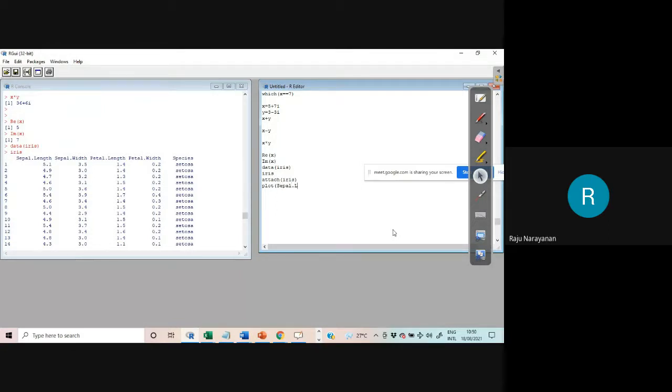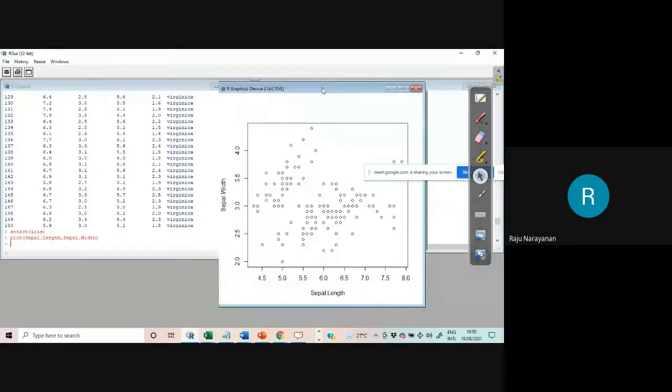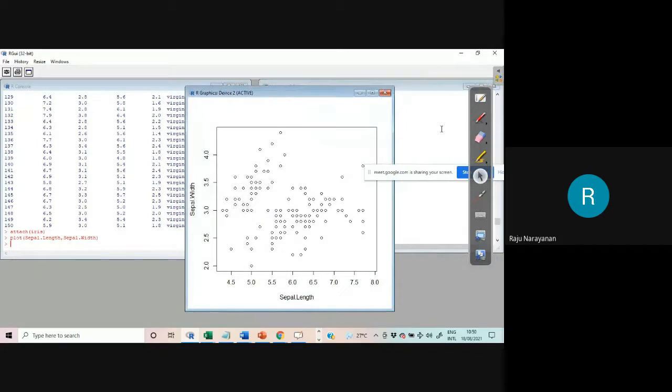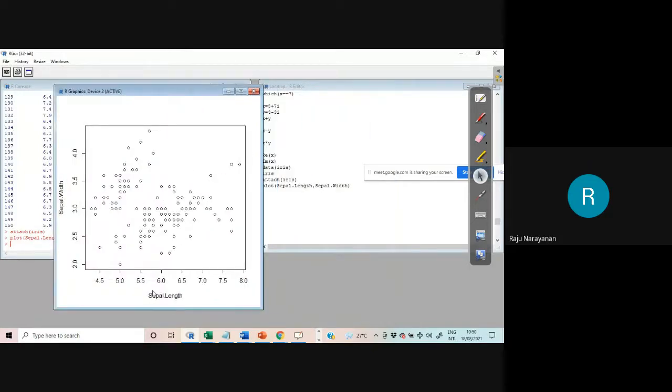Sometimes it may give an error message, sometimes it may not, because sometimes we have to give the dollar sign. Yes, this is to get scatter plots. What do you want on the x-axis? You give first, sepal length. What do you want on the y-axis? You give second. This is the basic thing you got.